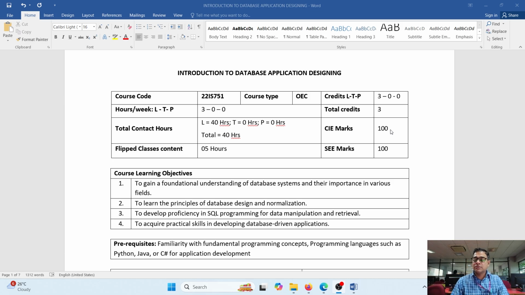Good afternoon, students. So, myself, Dr. Sudhindra B. Deshpande, Associate Professor from Department of Information Science and Engineering. So, I'll be giving you an introduction about the open elective, that is Introduction to Database Application Designing.